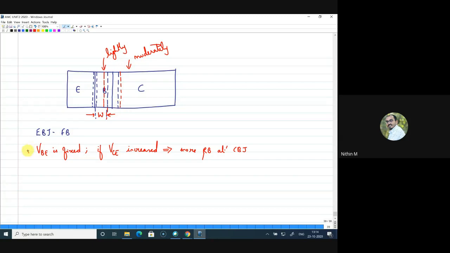Now, when your VB is fixed, and if you are trying to increase VCE, that will result in more reverse bias. That will result in a reduction of the effective base width.